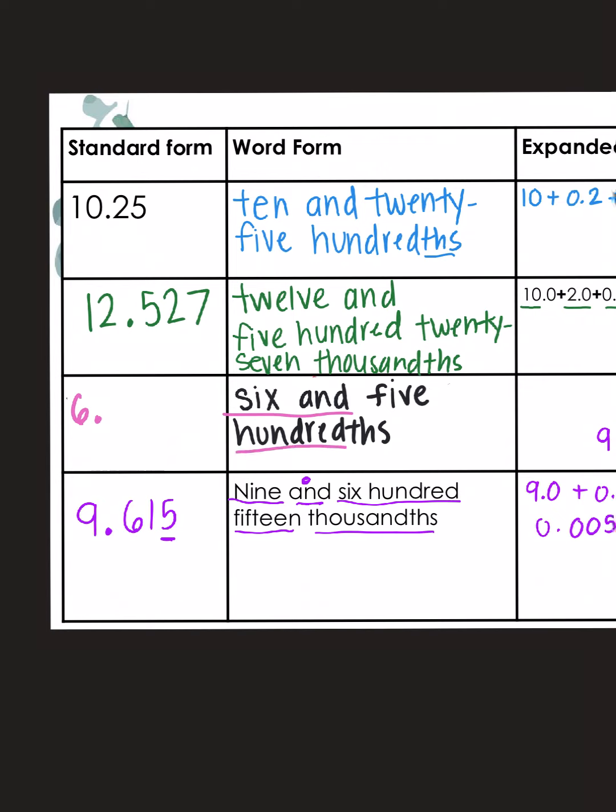I know that this is telling me that my last digit must be in the hundredths place. So here I have the tenths place, here I have the hundredths place. This digit must go there. This is 5 hundredths, but I can't have a blank, so I must put 0.5. If you think about it, how many tenths do I have? 0 tenths. So that is also why there is a 0 in that spot.